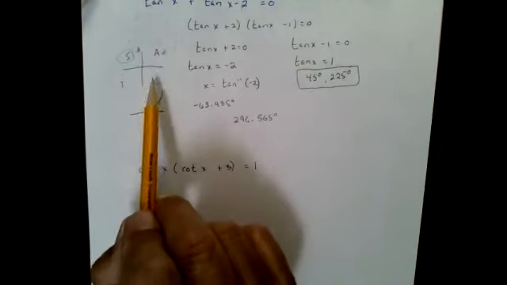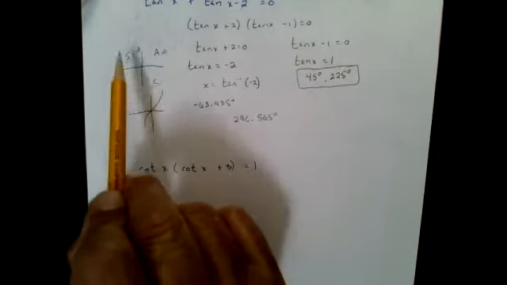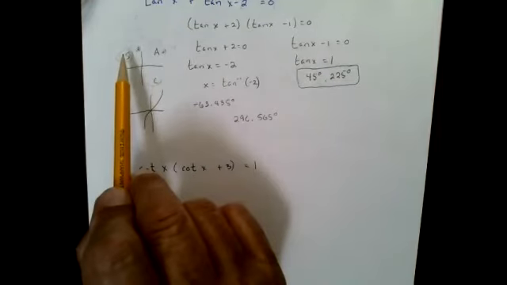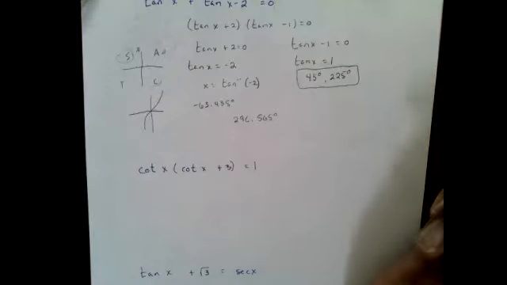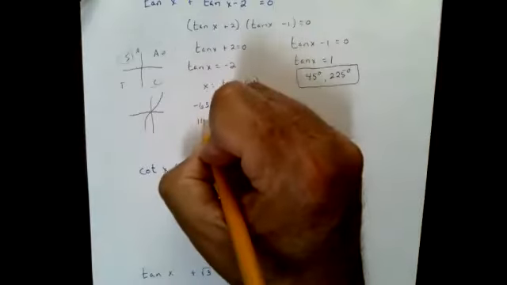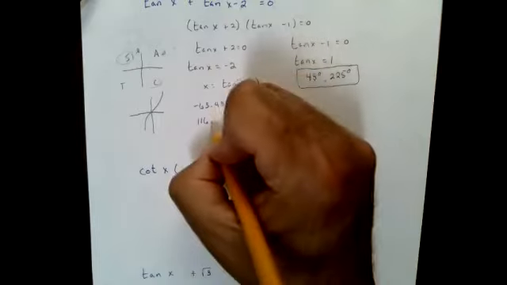And that's my answer over here in the fourth quadrant. Want to find an answer in the second quadrant? I'm going to do 180 minus 63.435 degrees. 116.565.